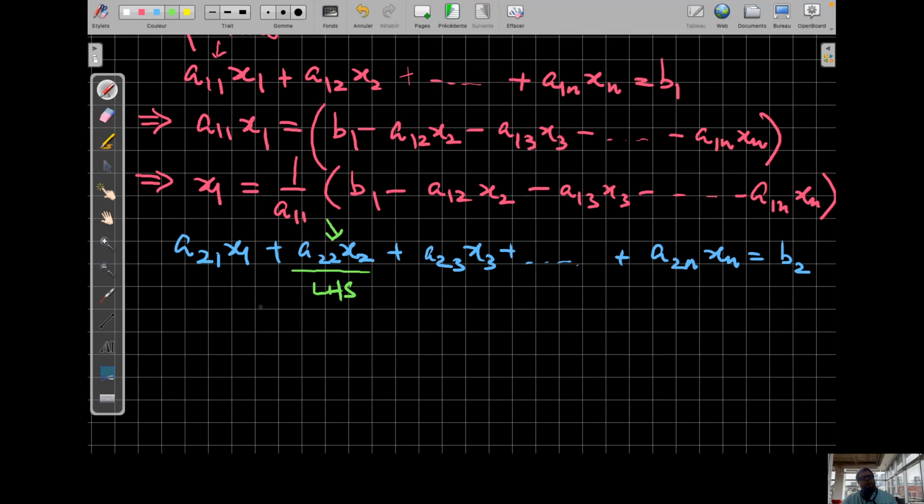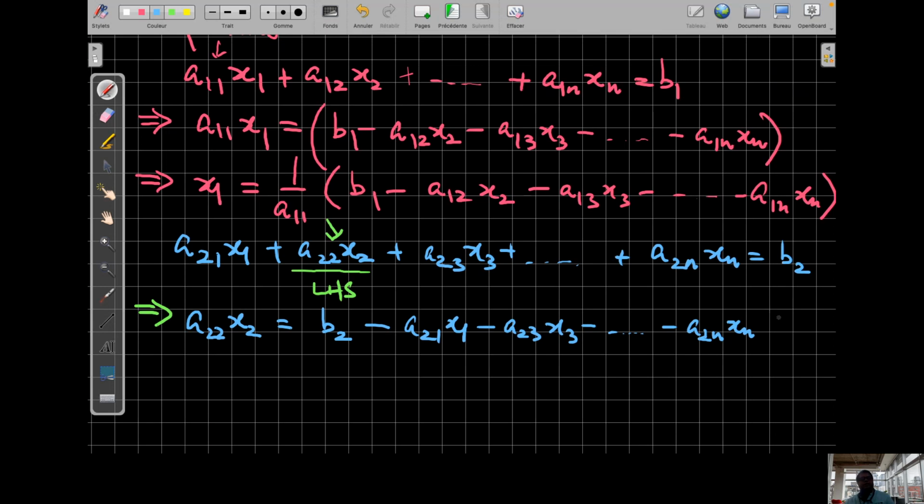So I'll write A22 x2 equals, now please be careful here, B2 minus A21 x1. Since A22 x2 is on the left hand side, I'm not going to write it again. Then minus A23 x3, not plus, it should be minus, dot dot dot, minus A2n xn.